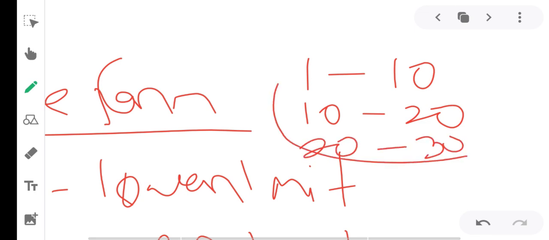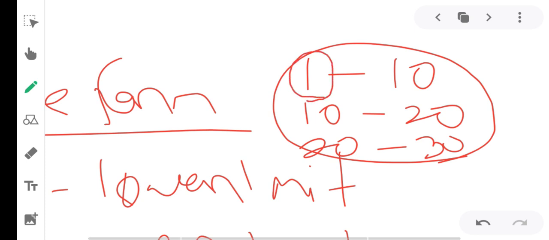These are examples of exclusive form. So in this class we'll include the numbers that lie between 1 to 10, and we will include the number 1 also, but will not include the number 10. Okay, that is exclusive form.